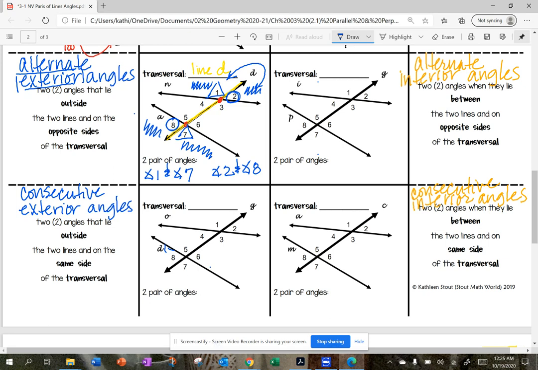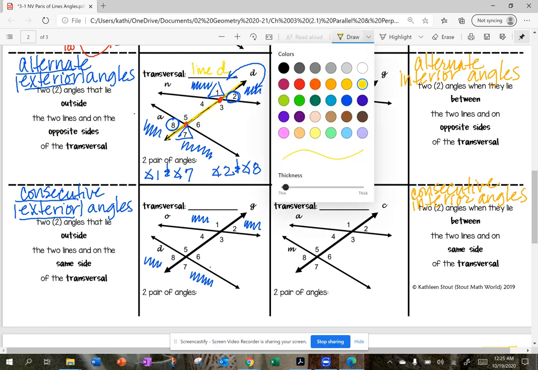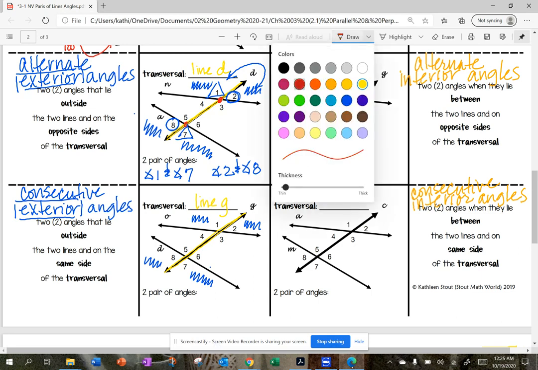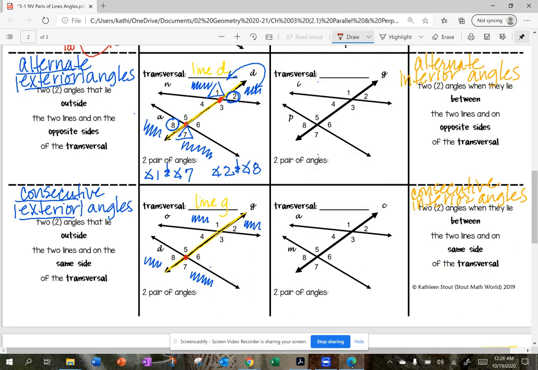Okay, so consecutive exterior angles. I'm still talking about the exterior, but this time I'm going to have them in a row. Let's start by naming my transversal. My transversal is line G, and I know that because it intersects the other two lines.